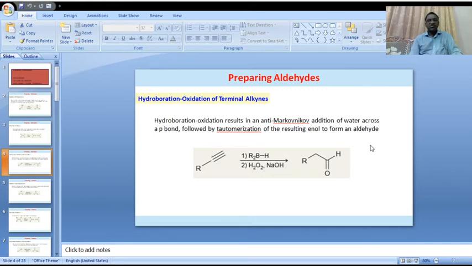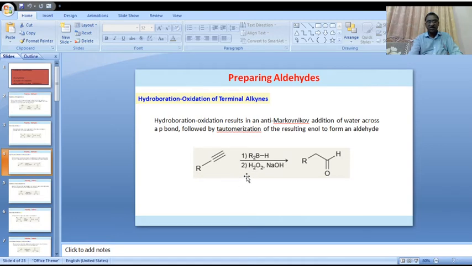Now, the next method of preparation: hydroboration, oxidation of terminal alkynes. This is the terminal alkyne. Hydroboration and oxidation results in an anti-Markovnikov addition of water across a pi bond, followed by tautomerization of the resulting enol.